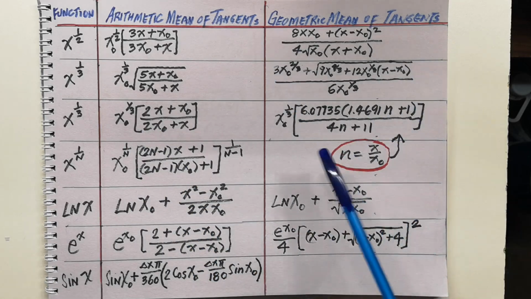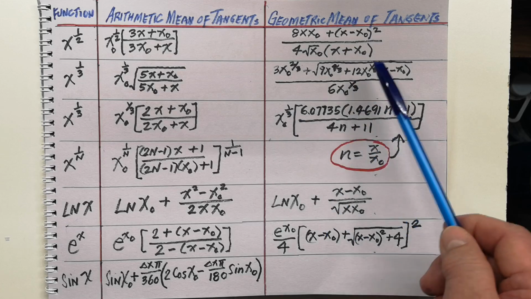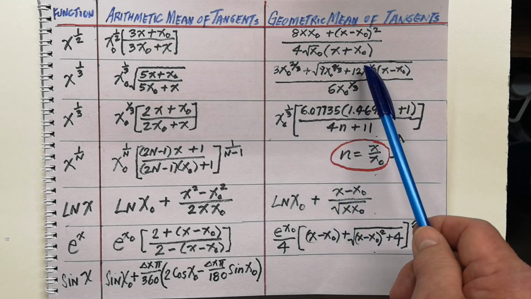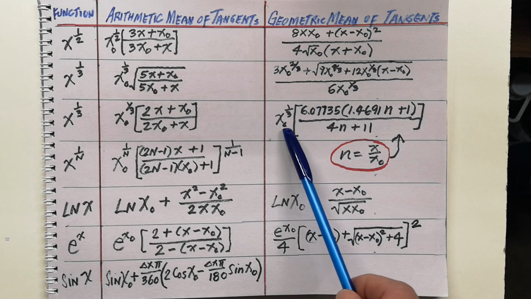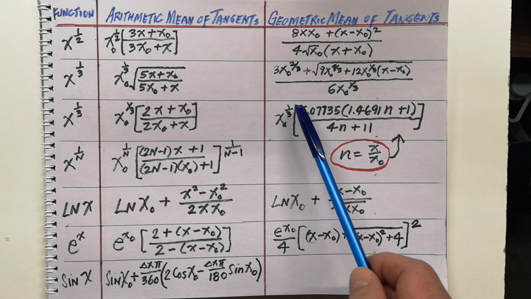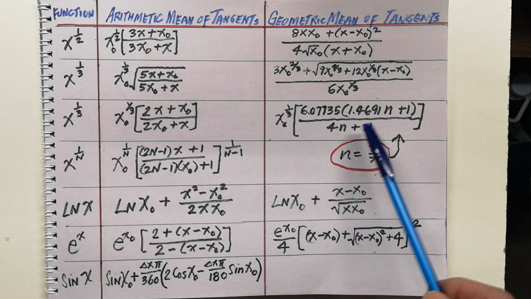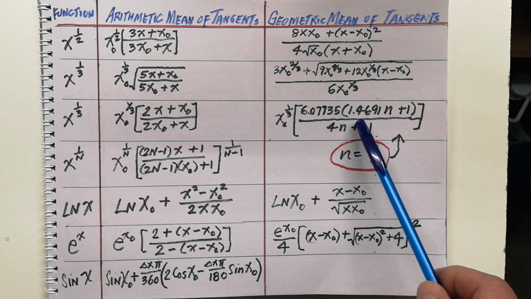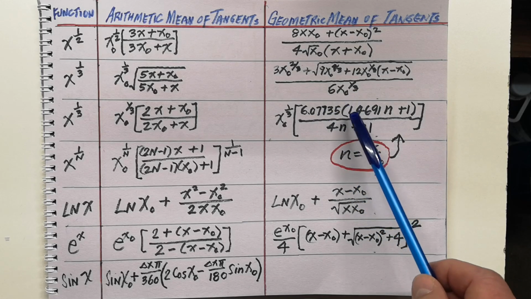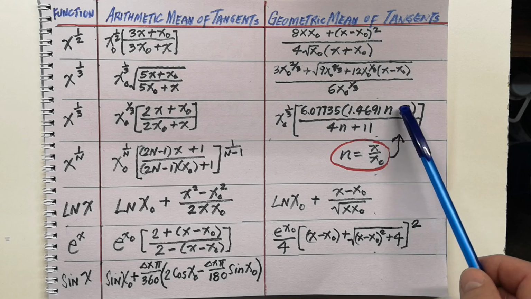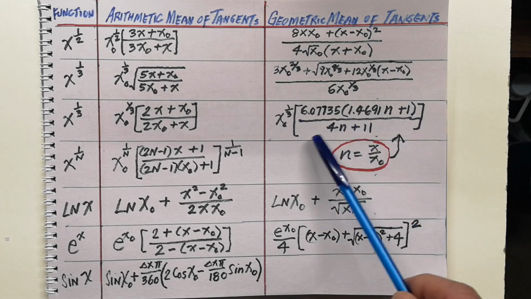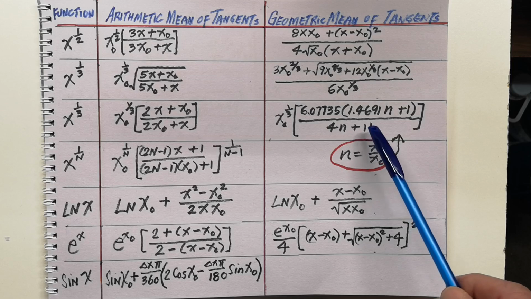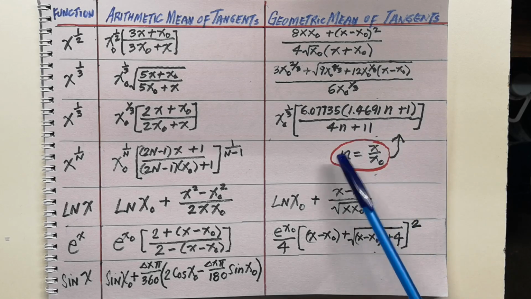And for the geometric mean, I simplified this one into this one. It is equal to xo to the 1/3, quantity 6.07735, quantity 1 times quantity 1.4691n plus 1 divided by 4n plus 11. So what is this n?